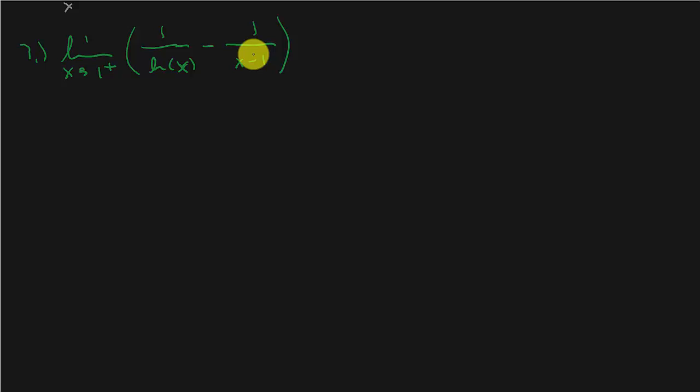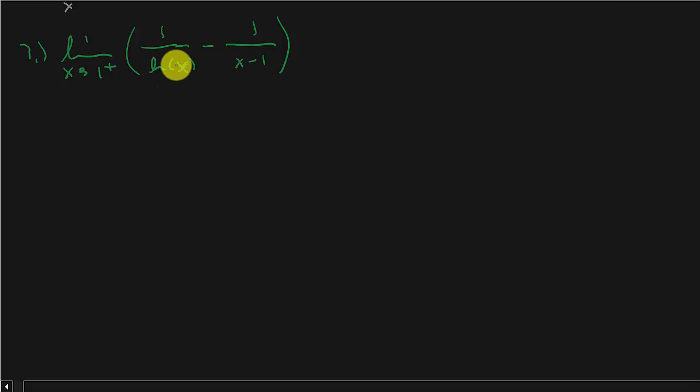All right. So let's look at what we can do. So how do I know that this first term goes to infinity? Well, once again, look at the graph of natural log. There's 1.